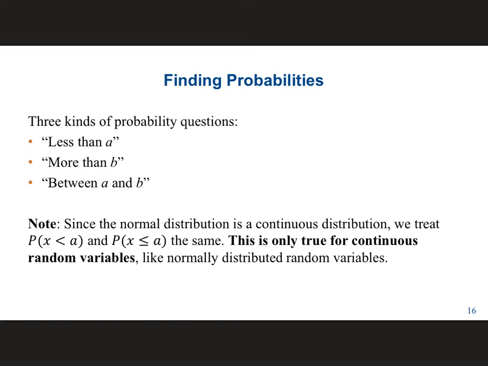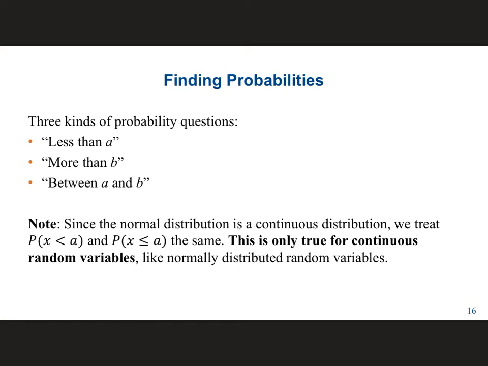There are three kinds of probability questions: less than a value, more than a value, and between two values. And so you can see here I have them labeled less than A, more than B, and between A and B. Now, since a normal distribution is a continuous distribution, we can treat the probability that X is less than A and the probability that X is less than or equal to A the same.